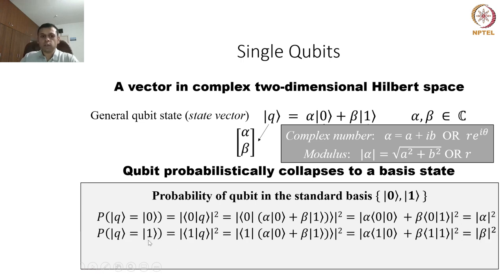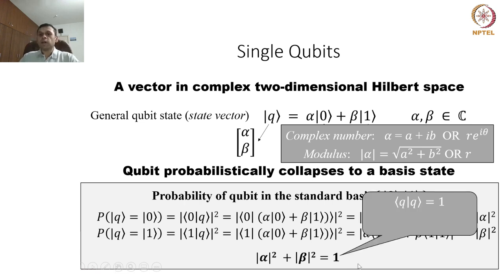Similarly, the probability of q being in the state 1, or the qubit q collapsing to state 1, ends up being mod beta squared, and the math here is identical to what we just saw. And as it turns out, mod alpha squared plus mod beta squared must add up to 1. Why is that?